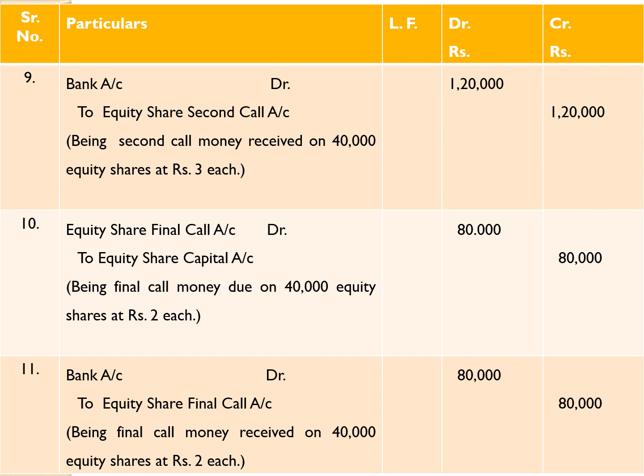Therefore, the entry is recorded as bank account debit 80,000 to equity share final call account 80,000. Being final call money received on 40,000 equity shares at rupees 2 each. And in this way, this solution is complete.